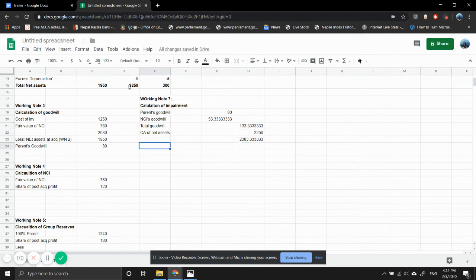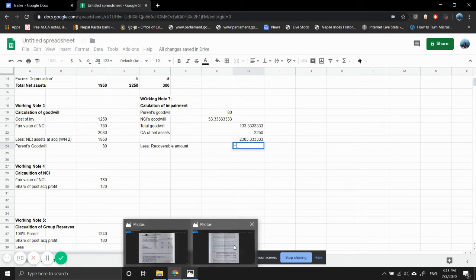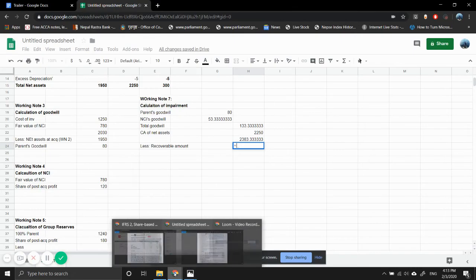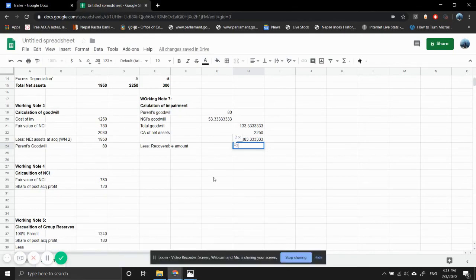and our recoverable amount is less recoverable amount being how much? 2083, right?